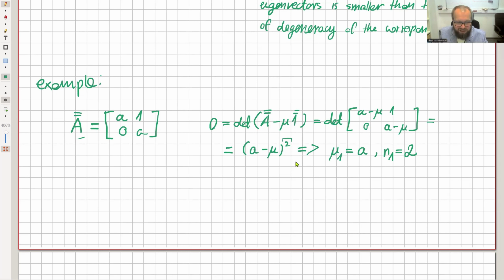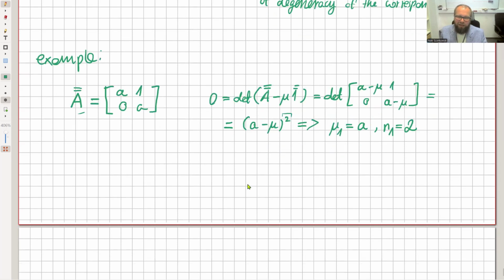So far nothing is amiss, but now let's look for eigenvectors. This is the standard approach. You have to solve the following coupled equation. You're looking for a zero vector on the left-hand side, and on the right-hand side you take your matrix A minus the eigenvalue a times identity, and act with it on some vector R1, R2.